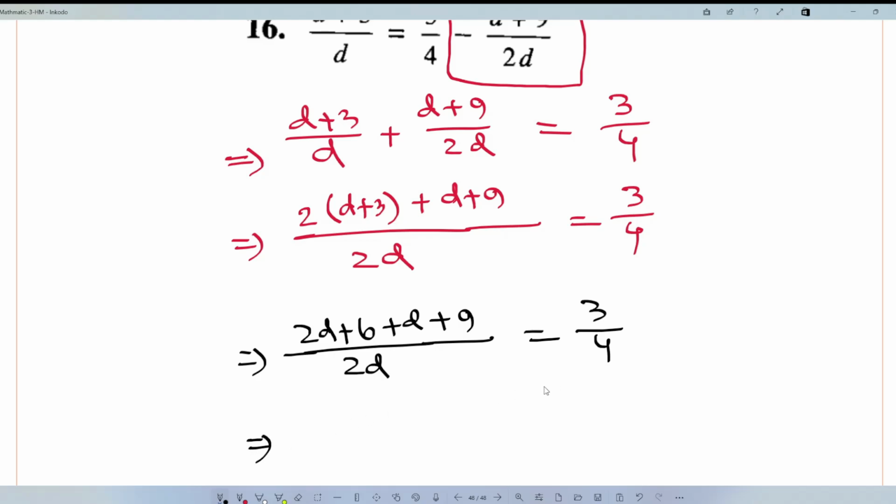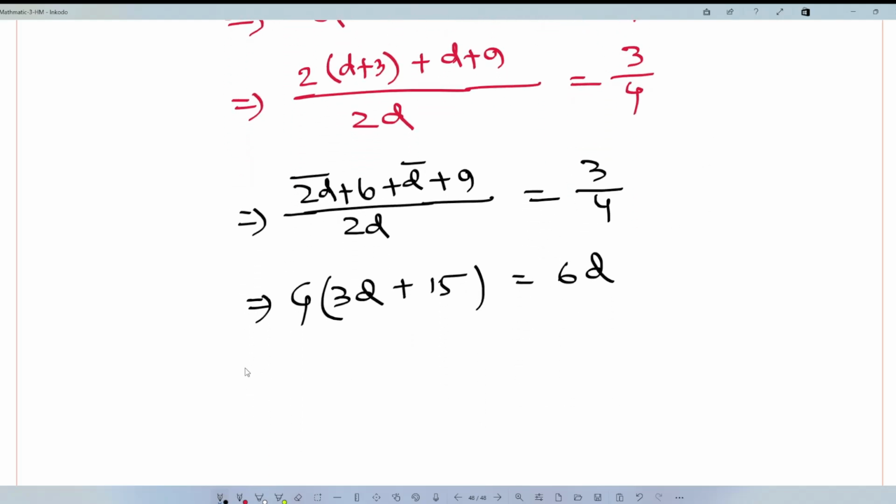So now we can cross multiply. So here is 2d and d, 3d, 6 plus 9 means 15, right? Times 4, and here 3 times 2 means 6d. So here is 12d plus 60 equals, this 6d we can exchange to left side.